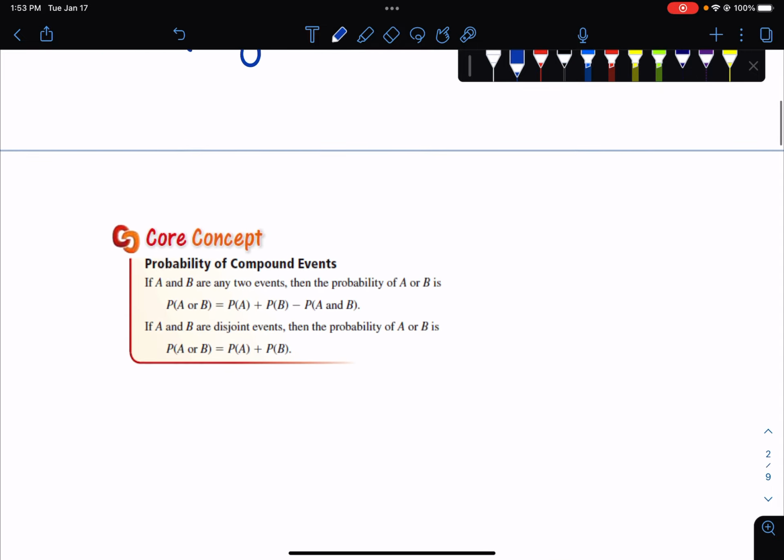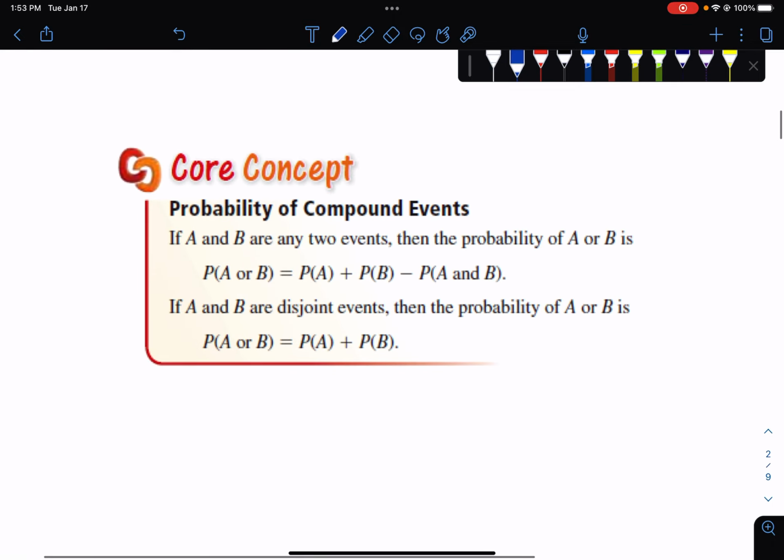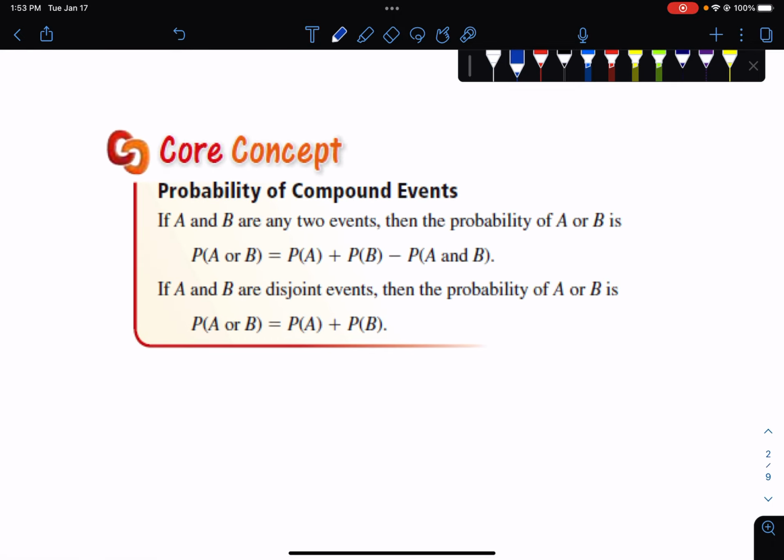Now, the formulas that you're going to use are a little bit different. There are 2 formulas that you're going to want to write down. If your events overlap, this is the first formula: the probability of A or B happening is equal to the probability of A plus the probability of B minus the probability of both of those things happening.